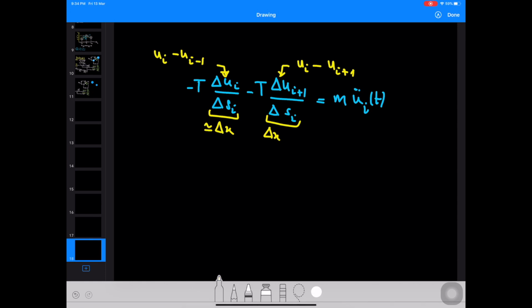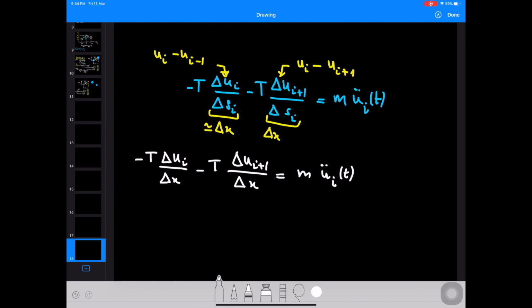So we have minus T delta u_i over delta x minus T delta u_i plus 1 over delta x is equal to the mass times the acceleration. Now let's divide by delta x, and you will see later why we do that.